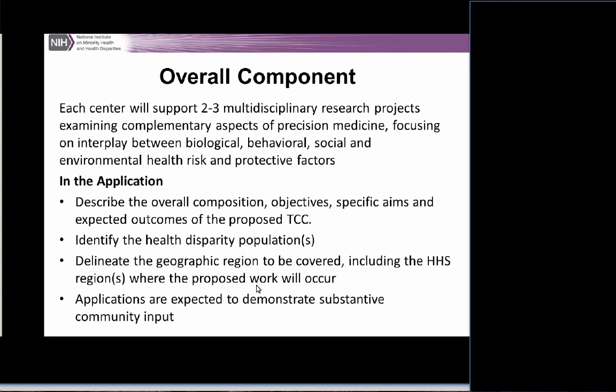Describe the overall composition, objectives, specific aims, and expected outcomes of the proposed TCC. Identify the health disparity populations to be included in the proposed project, and describe topic areas or diseases or conditions of focus. And finally, determine the geographic region to be covered, including the HHS regions where the proposed work will occur.